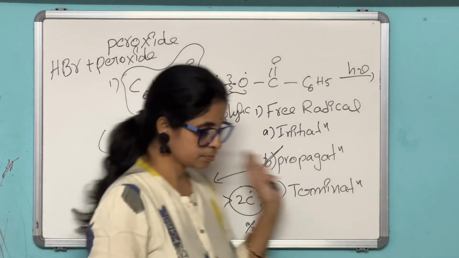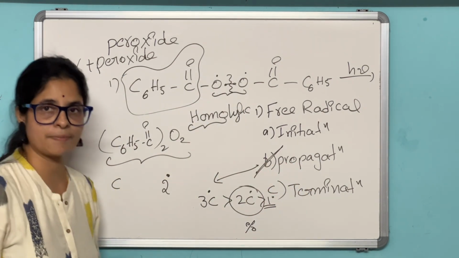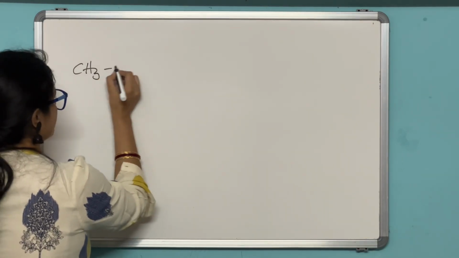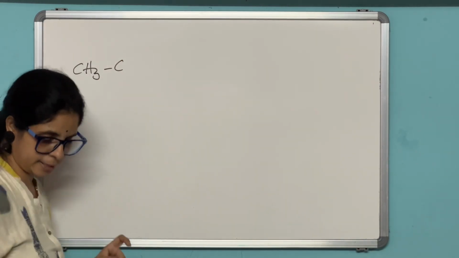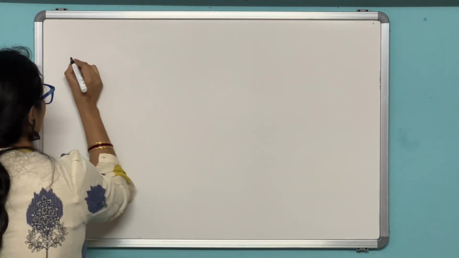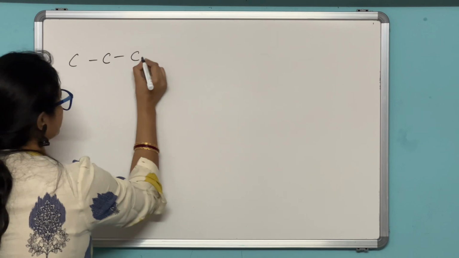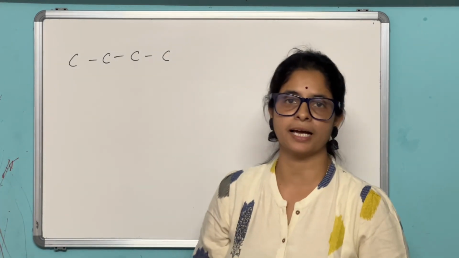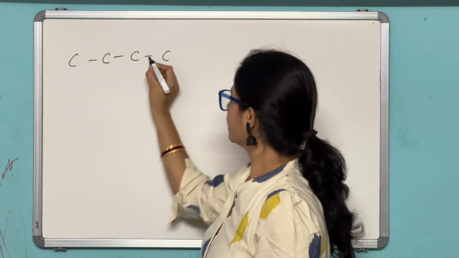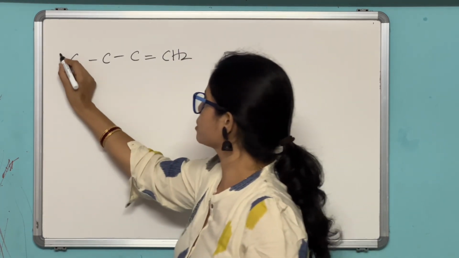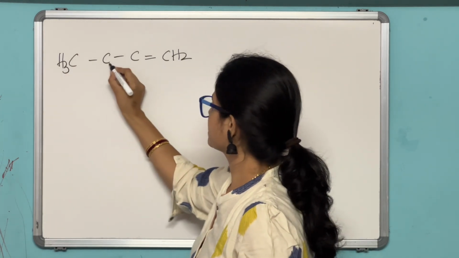Okay, so now we'll discuss some examples. Same propene, CH3, or you can take but-1-ene. 1, 2, 3, 4. If we take but-2-ene, it will become a symmetrical alkene, no? So if I take but-1-ene, to satisfy the valency of carbon, I am placing hydrogens.